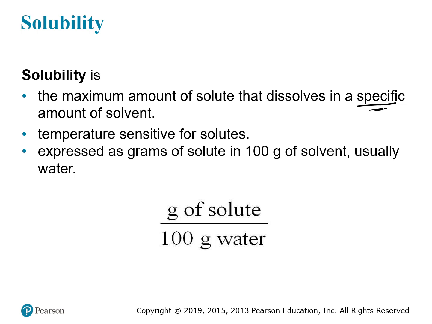It's usually expressed as grams of solute in 100 grams of solvent, and that solvent is usually water. It doesn't mean that you won't encounter solubility for other solvents, or that it won't be out of some weird amount, maybe 50 grams of solvent. But in general, you'll see grams of solute in 100 grams of solvent.